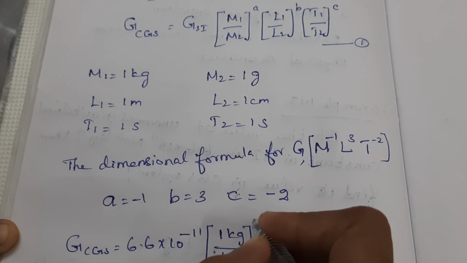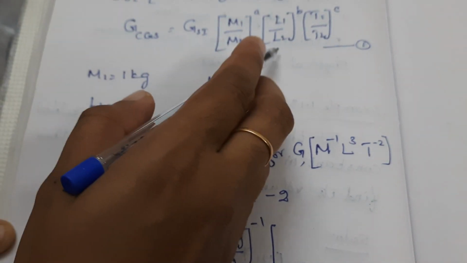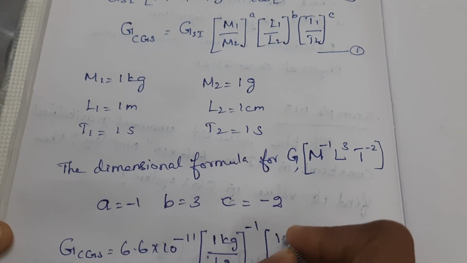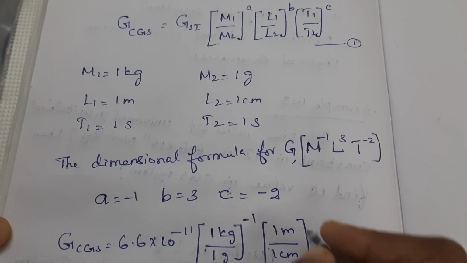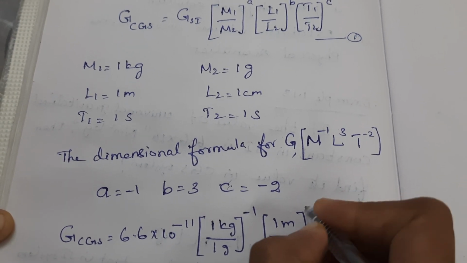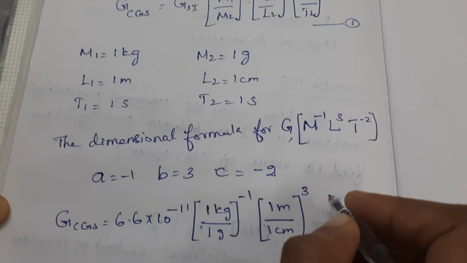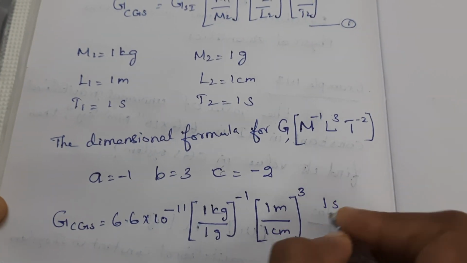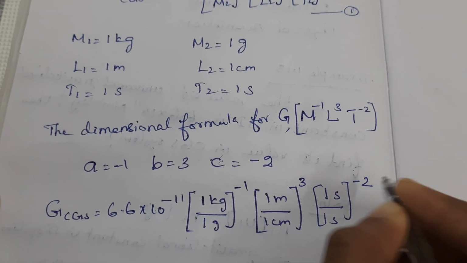The whole power minus 1. L1 by L2. What is L1? 1 meter. What is L2? 1 centimeter. The whole power 3. T1 by T2. What is T1? 1 second. What is T2? 1 second. The whole power minus 2.